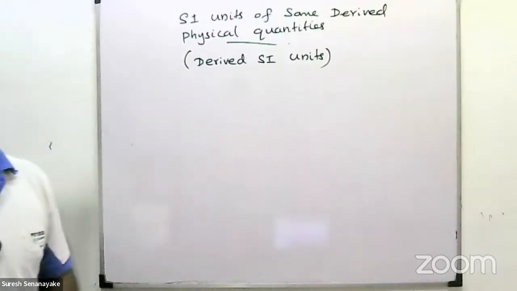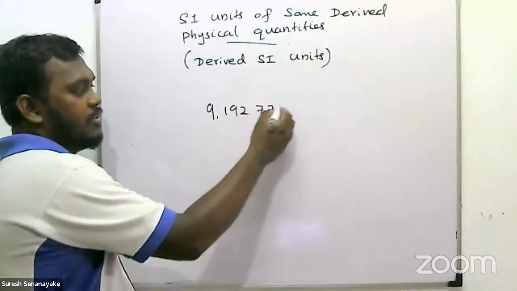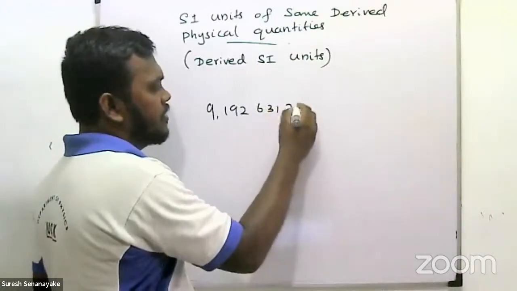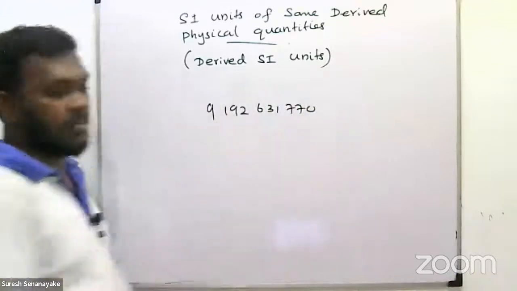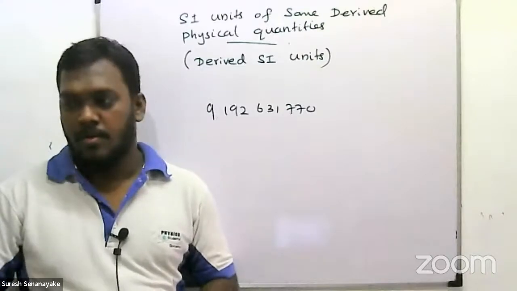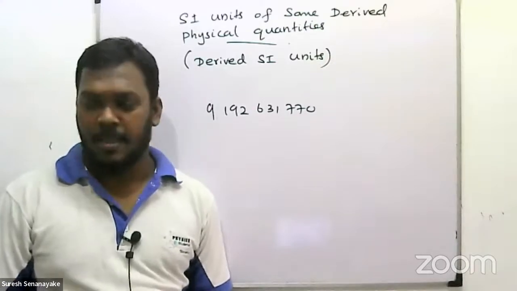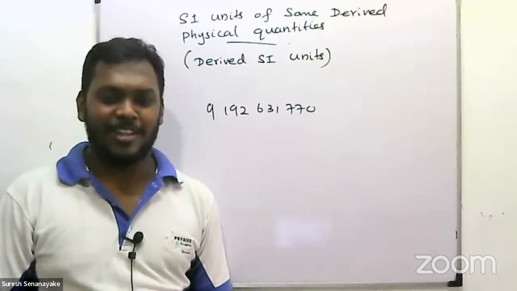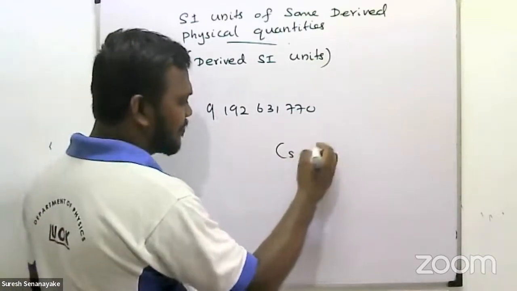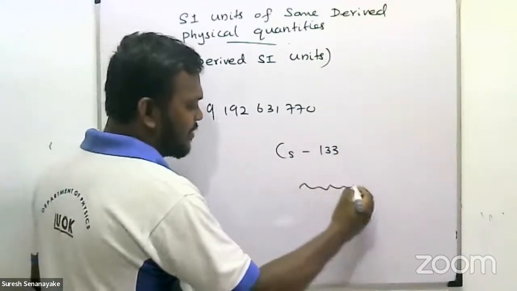The 1 second is the time required for 9192631770 oscillations of the period of radiation due to the transition between two hyperfine levels in the ground state of the cesium-133 atom. Cesium-133 is a radioisotope. This radioisotope emits radiations, right?